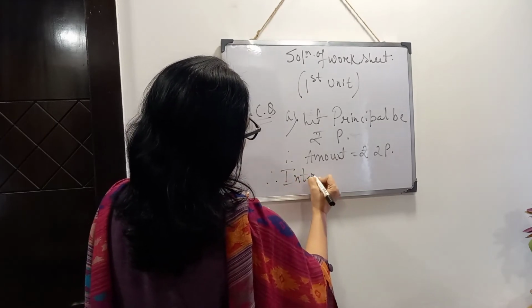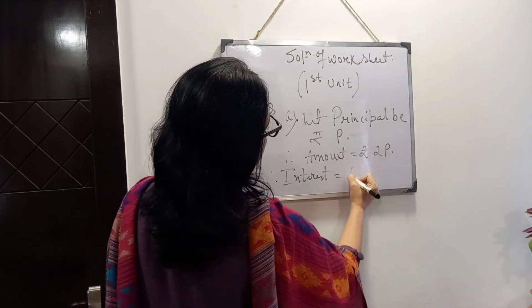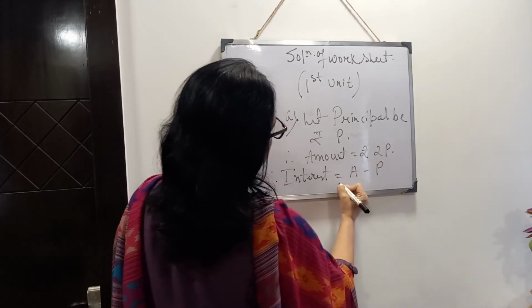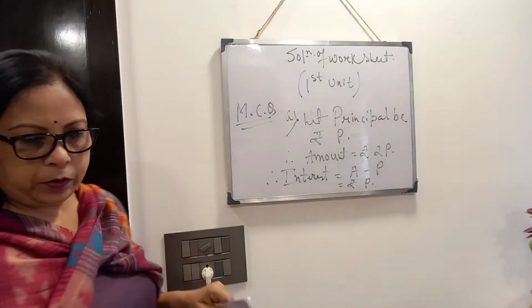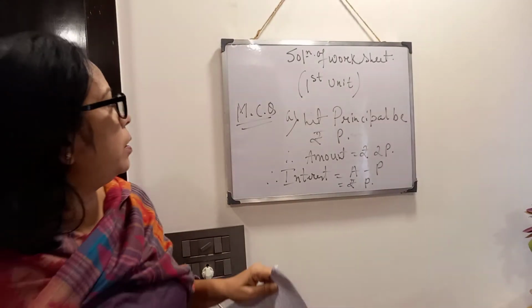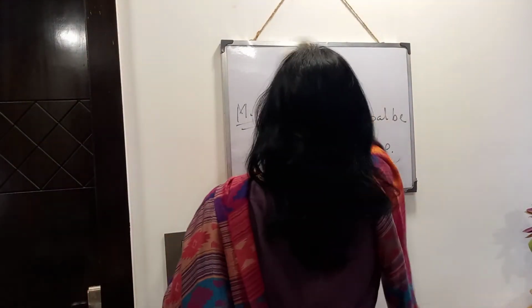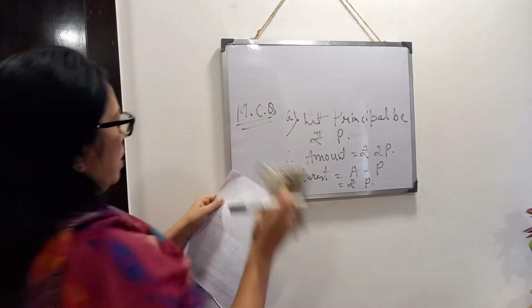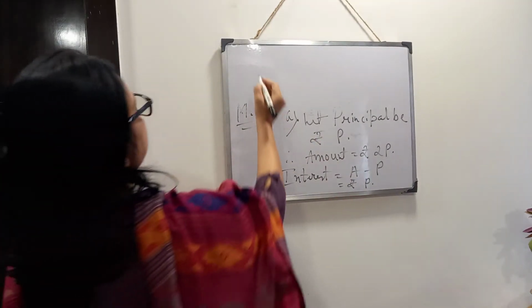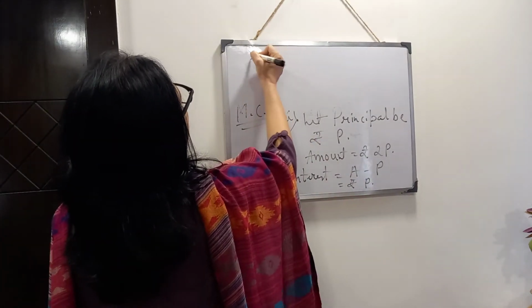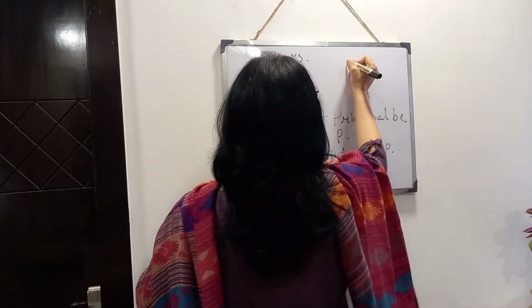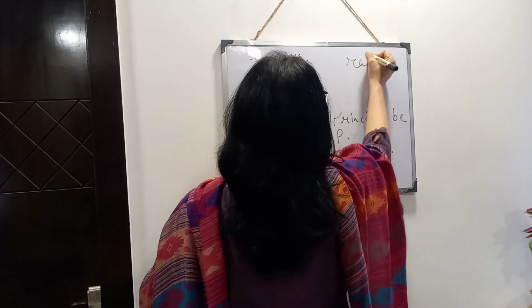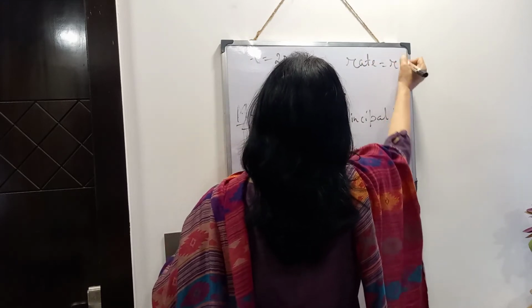Interest is amount minus principal. So it is coming rupees P. And time is given 20 years. And rate, we will consider rate be R percent per annum.